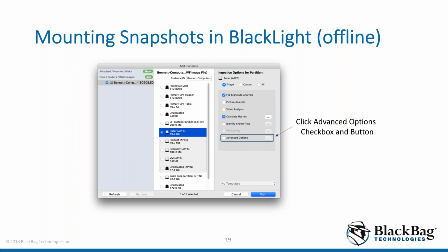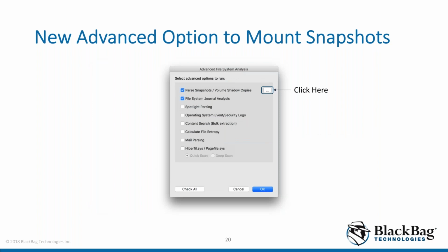If you'd like to process the snapshots, you click on our advanced options, and click the little button next to it. You'll be presented with this window where you can select the options. You can select parse snapshots, and that'll go ahead and automatically parse all of them. But if you want to see and parse specific snapshots, you click on the little button next to it.